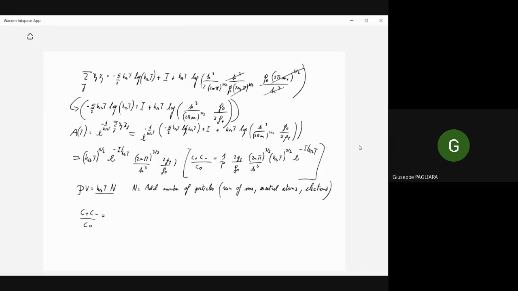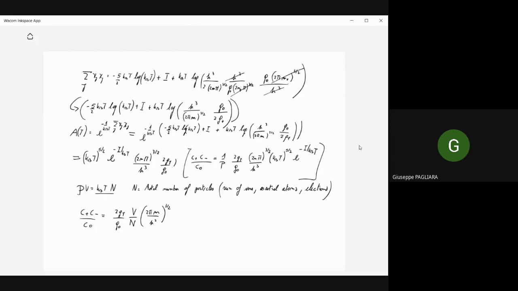kBT. So instead of P, let's put kBT n, and then I have a volume. Therefore, I will have 2g plus divided by g0. Then I have the ratio between the volume and the total number of particles n. Then we have 2 pi m over h squared to the power of 3 half.